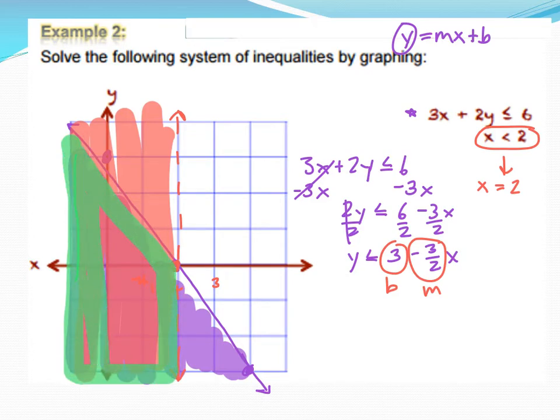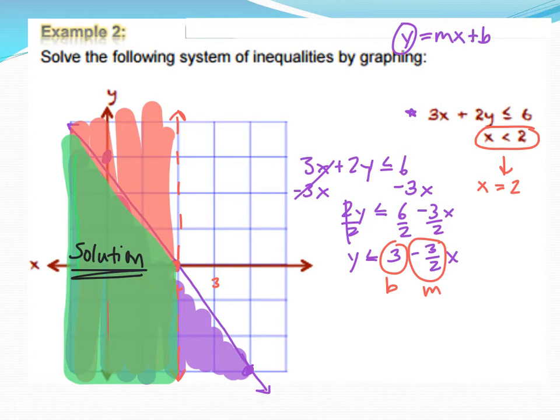We kind of have two boundaries formed by the lines, and everything in this region is overlapped by both the red and the purple, so I'm going to shade this in green. What this means is that every point in this portion of the graph represents our solution. So this region is now our solution, and it's not an individual point.